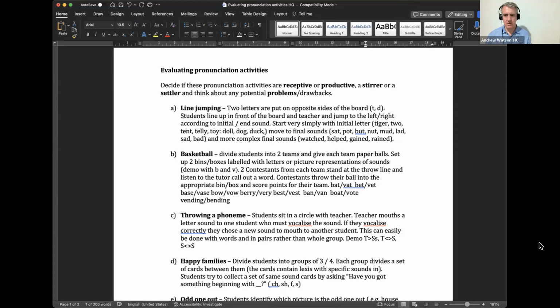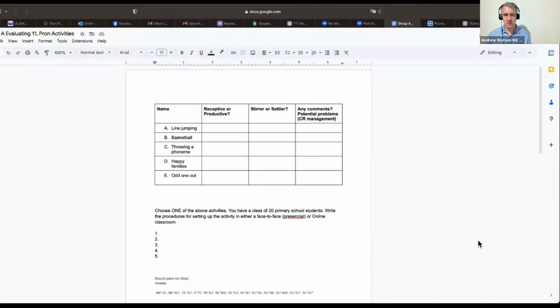Okay, so Christian and Andrew, we're going to work on group A. This is what it looks like. You've got a table, and you're just going to make short notes. So this is for me and Christian.